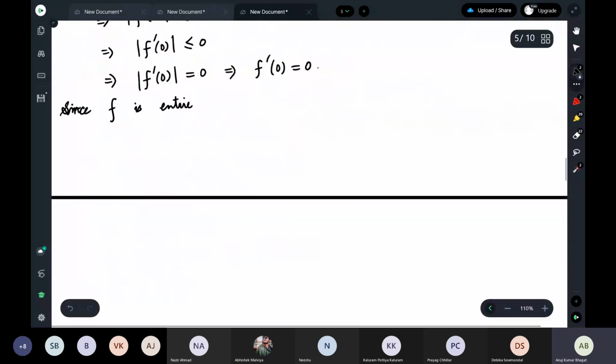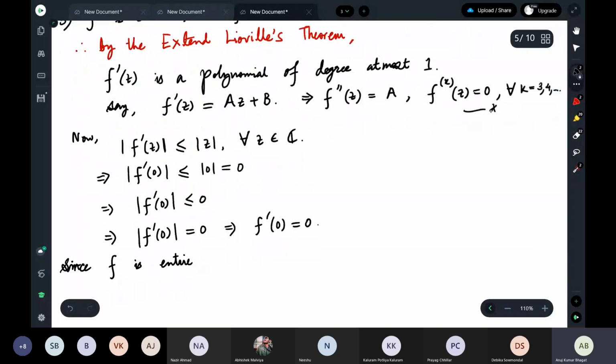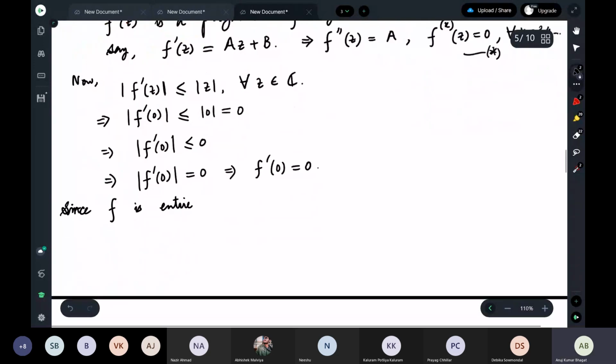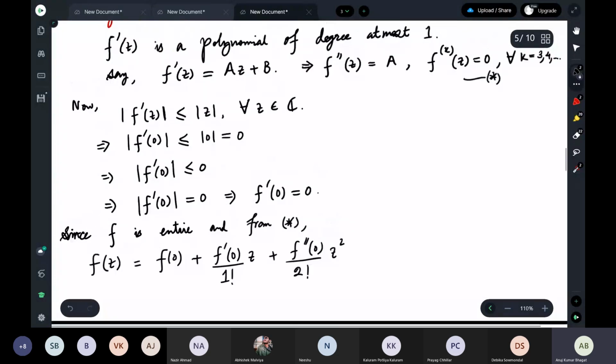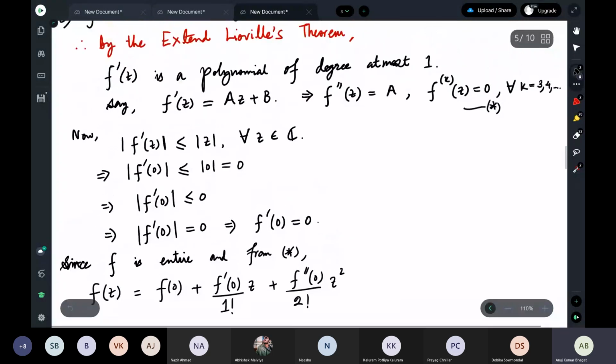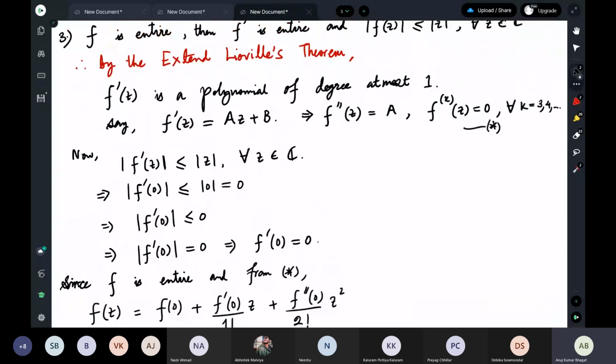So since f is entire, and taking this star into consideration, f has a power series expansion of the form f(0) plus f prime 0 by 1 factorial z plus f double prime 0 by 2 factorial z square, and after that what we'll have, f triple derivative 0 by 3 factorial z cube, but using star what can I say, they all will be 0.